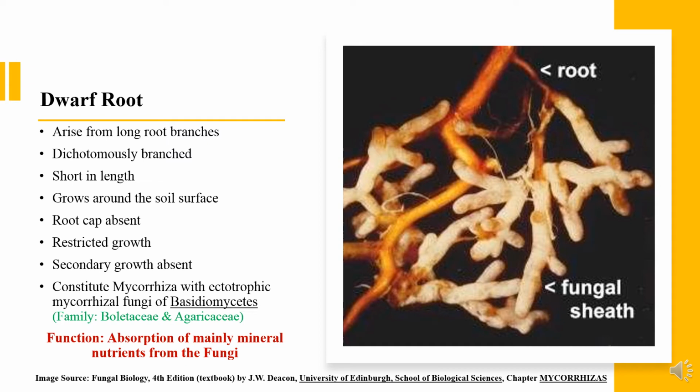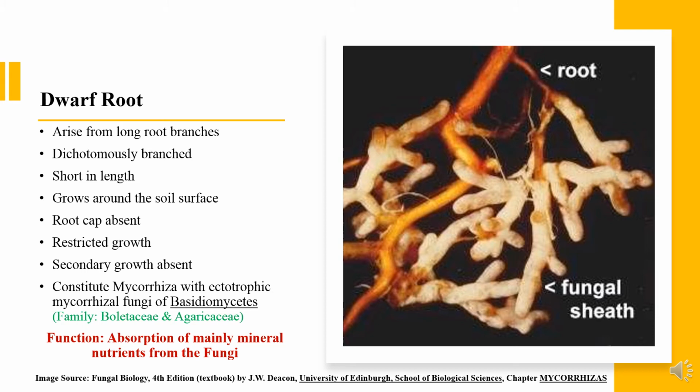Ectotrophic mycorrhizal fungi is present in symbiotic association with Pinus dwarf roots and forms mycorrhiza. They form a superficial network on the surface of dwarf roots and cover them completely with their mycelium.